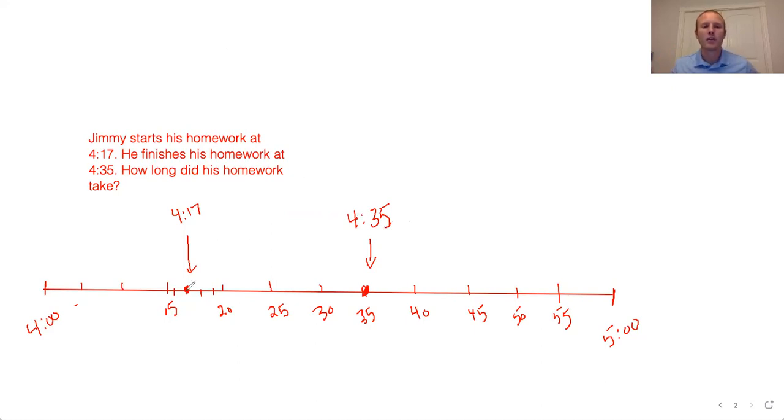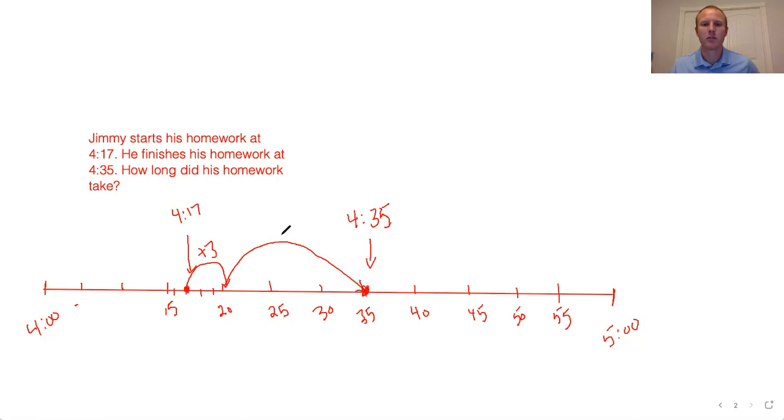So we need to find out how much time has passed between these two marks on our number line, or we could have used the clock as well. And we can do that like this. I would go +3 to get to 20. And then I go +15 to get to 35.